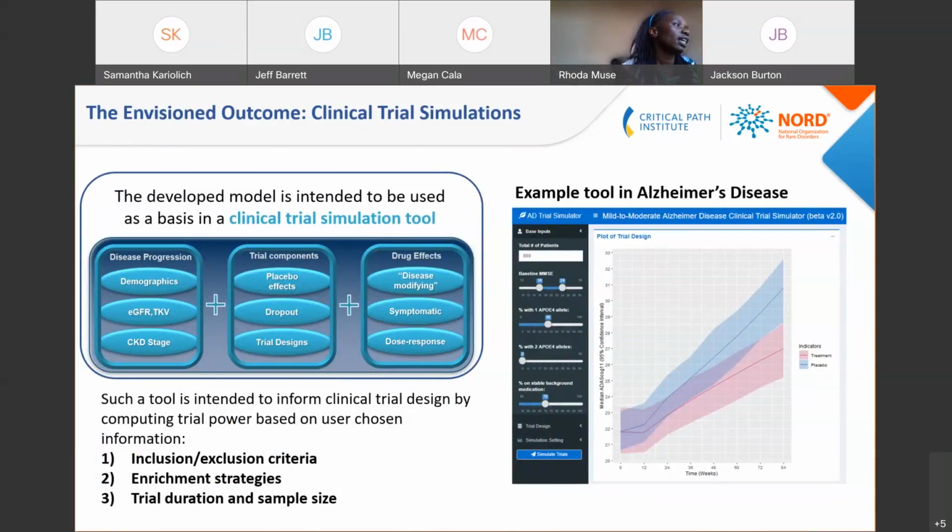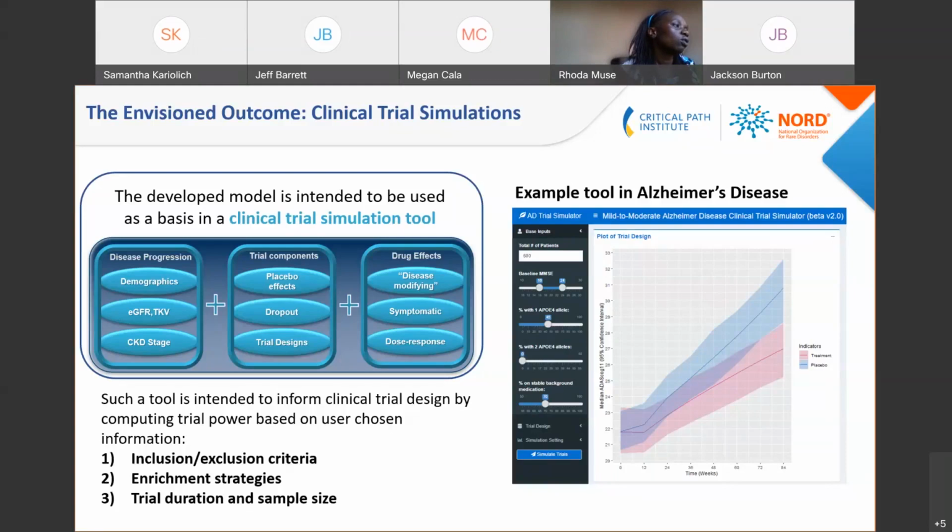This will be linked together with trial components such as placebo, dropout, and trial design. And lastly, together with the drug effects, which could either be disease modifying or symptomatic, all this together will be built into a clinical trial simulation.